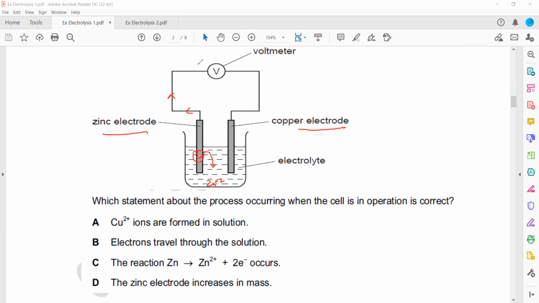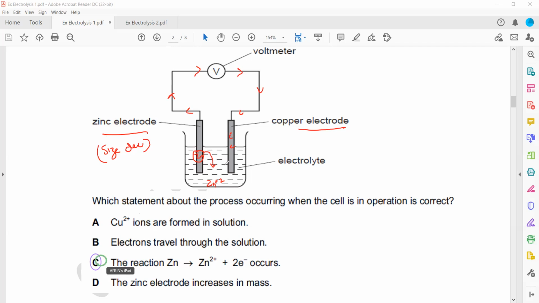And the electrons will travel from the zinc surface to the copper surface. And because the zinc atom is changing into a zinc ion, what happens to the size here? The size will decrease.